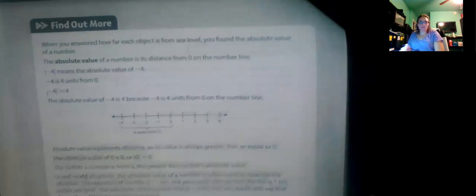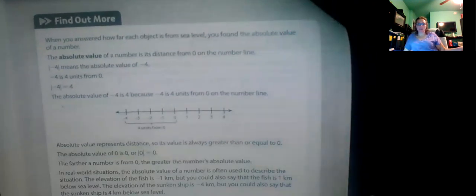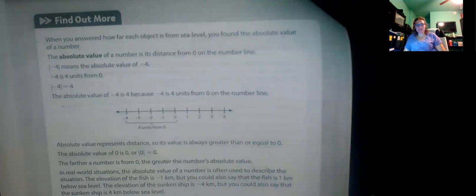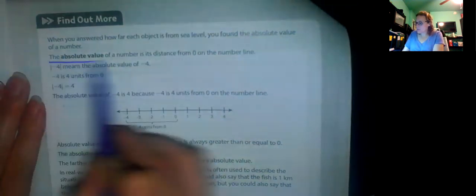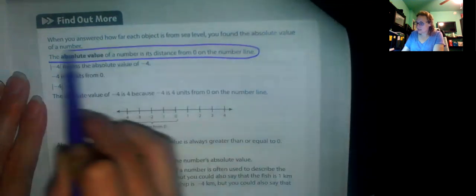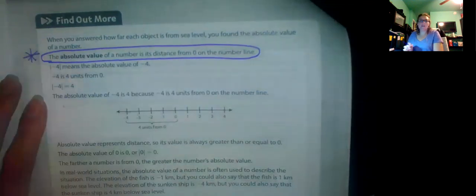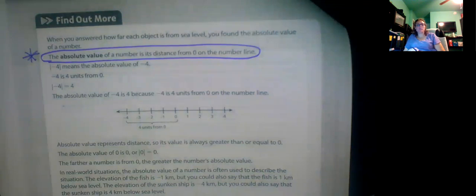When you answered how far each object is from sea level, you found the absolute value. The absolute value of a number is its distance from 0 on a number line. You're going to need to remember this. Keep that in your head. The absolute value of a number is its distance from 0 on the number line.